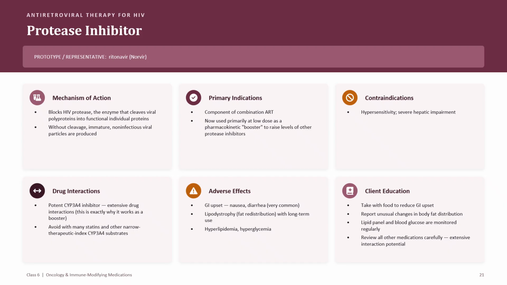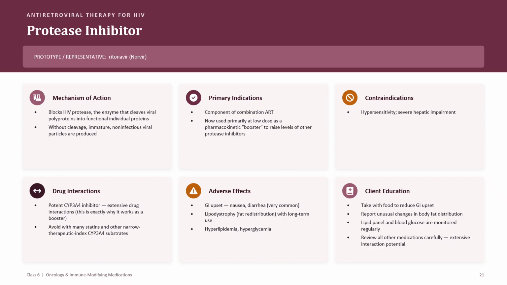So why would we use a drug for something other than its main job? It's because this medication, ritonavir, is an extremely potent inhibitor of the CYP3A4 enzyme, and that's the enzyme that metabolizes medications in the liver.